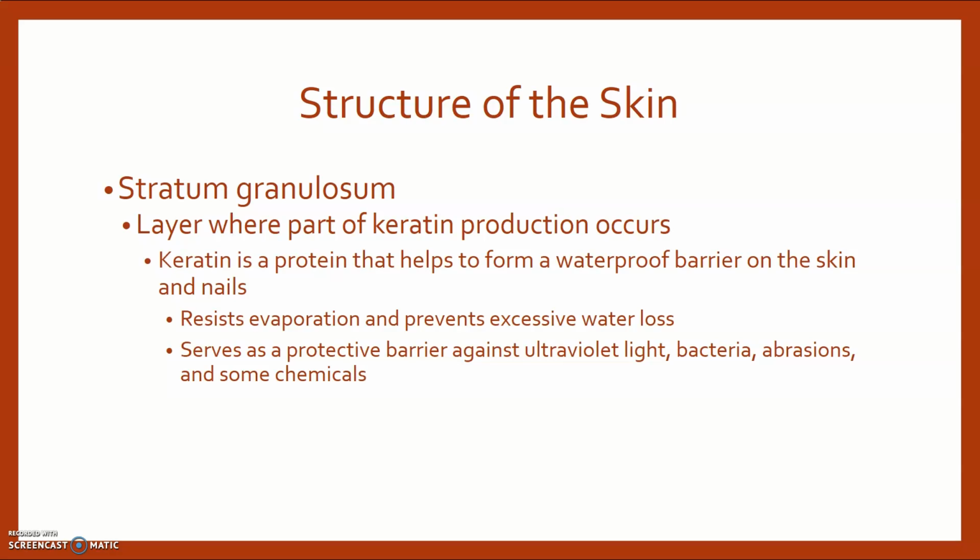Keratin also serves as a protective barrier against ultraviolet light, and we get ultraviolet light from the sun. Keratin protects against bacteria. It helps protect us from different cuts or abrasions, and it also provides protection from some chemicals.